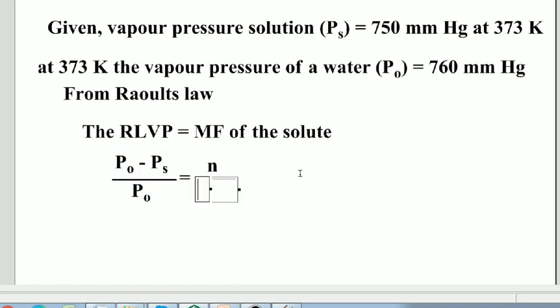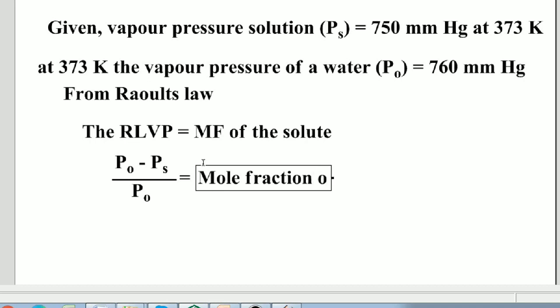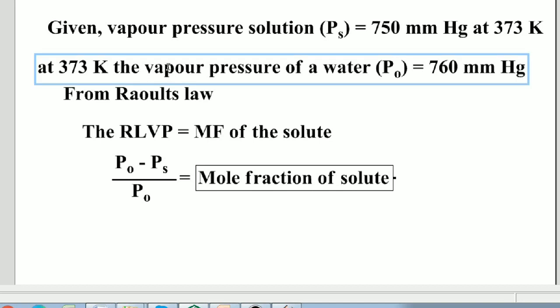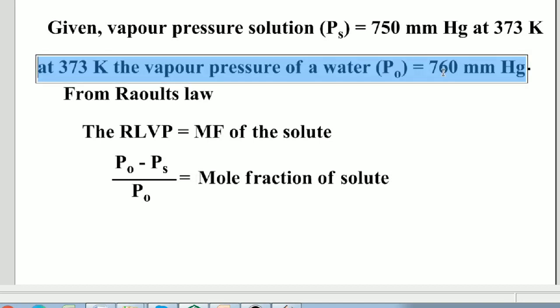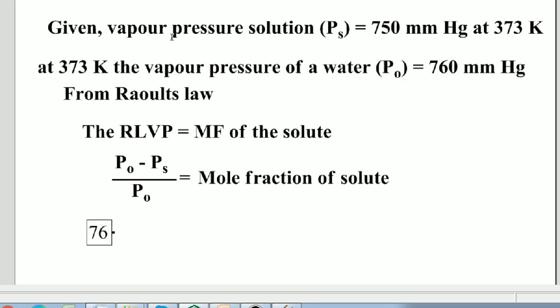Therefore, the relative lowering of vapor pressure is equal to the mole fraction of solute. We should find the mole fraction of solute for the given problem. Students, the vapor pressure of the solvent water, P naught, is 760 mm of Hg, and Ps is 750 mm of Hg.